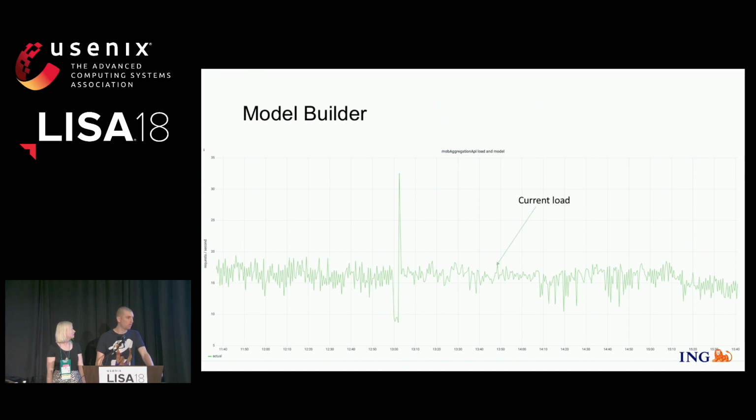So we have the current load, and we have the expected load, and this might be this potential alert. You could do this on load, but you could do the same on errors or any other metric that there is in Prometheus. We created this ourselves, so this is custom built, and we're looking into open sourcing this as well. So let's see.